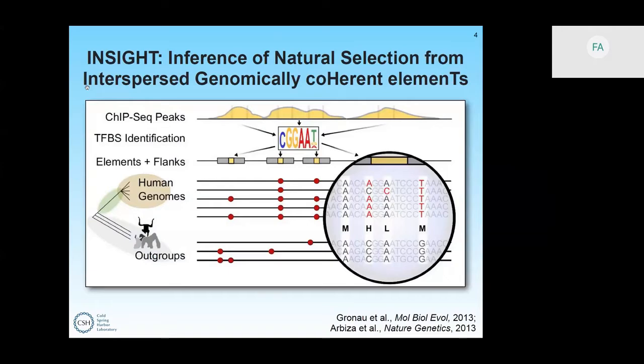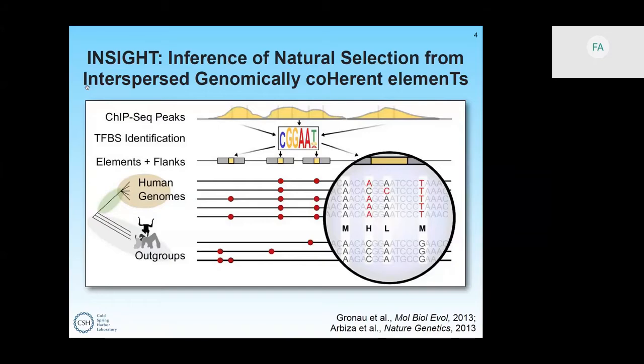So the basic idea of INSIGHT was to take a collection of pre-annotated elements across the genome, such as transcription factor binding sites identified by ChIP-seq data, and then to systematically compare those elements, shown in yellow here, with nearby putatively neutrally evolving sequences, shown in gray, and to compare them in terms of their patterns of both genetic polymorphism within a panel of individuals, in this case a panel of human genomes, and their patterns of divergence across a phylogeny with closely related relatives, in this case non-human primates.